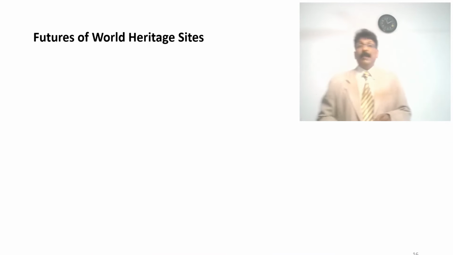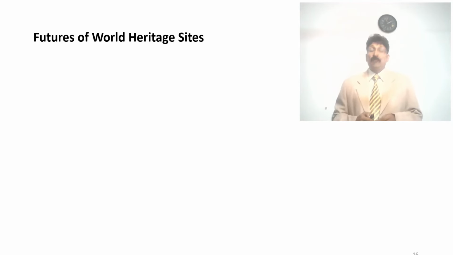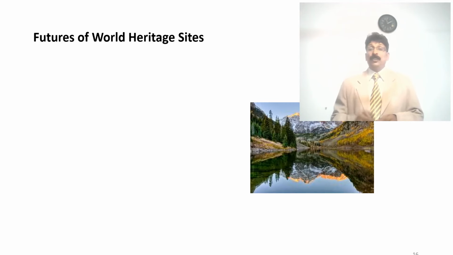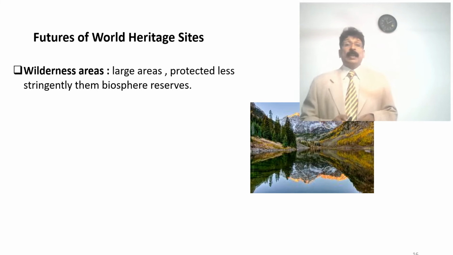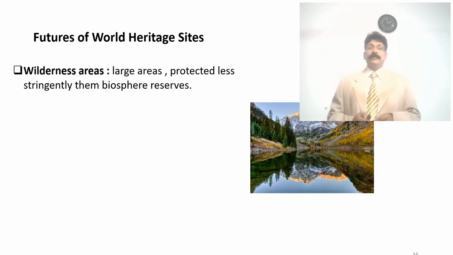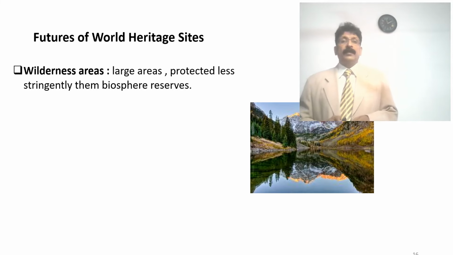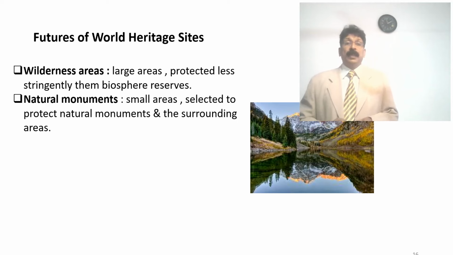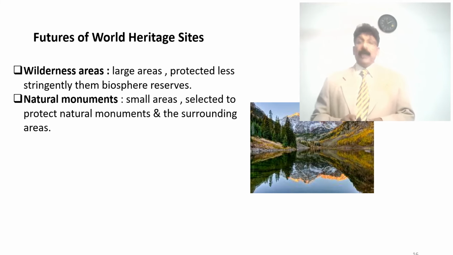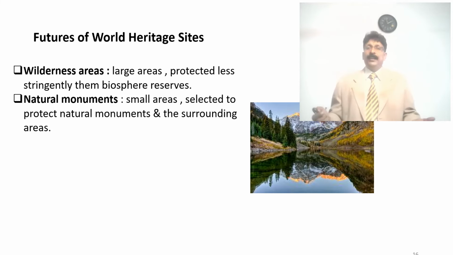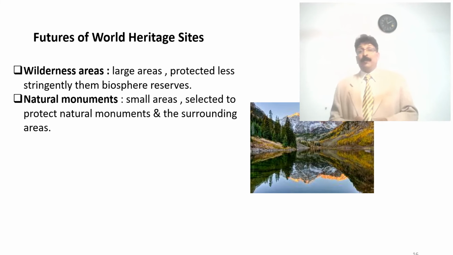There are many. Features of World Heritage Sites. What are the features? You see the pictures, wonderful pictures which I have taken from India only. Wilderness area, large areas protected less stringently. Then biosphere reserves. Natural monuments, small area. We have many natural monuments like rocks and especially beautiful areas present in many places, which have visitors.